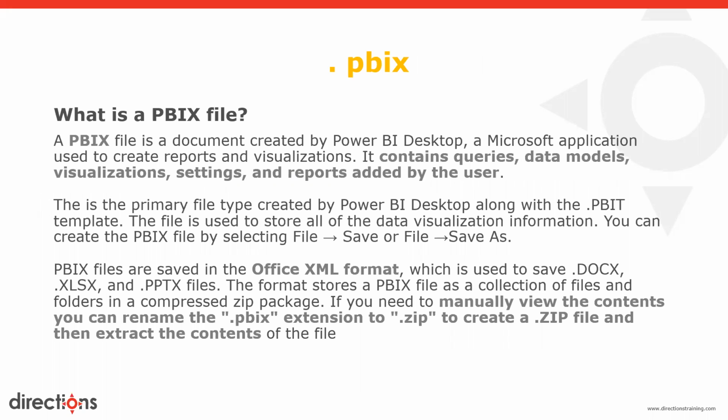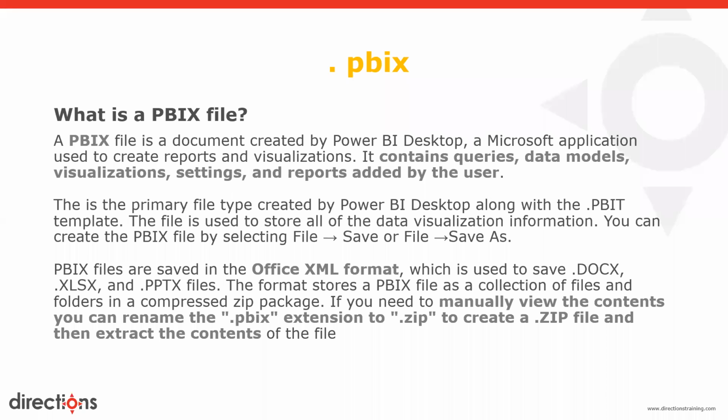When I pull all those elements together, then I share them with an individual. There is one file, a PBIX file created by Power BI Desktop. It's got all the queries, it's got all the data models in it, all the visualizations, everything about this whole process, this whole project is in a PBIX file. What does this mean?